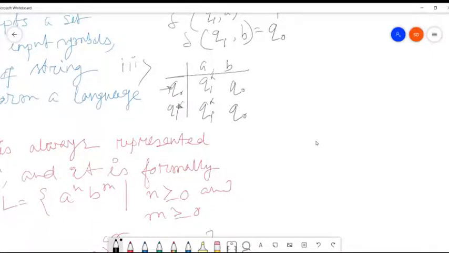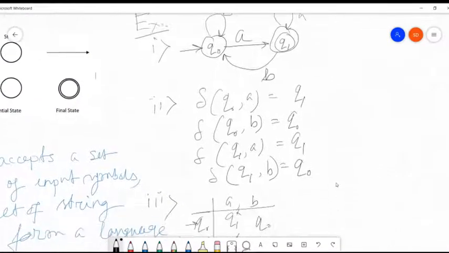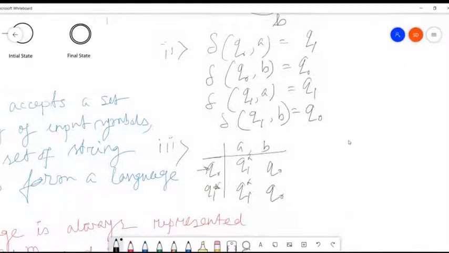So from Q0 taking A, it goes to Q1. Again from Q0 taking B, it goes to Q0, and from Q1 on input symbol A, it goes to Q1 itself, and B goes to Q2. So these are three ways we represent a finite acceptor: the transition function, the transition diagram, and the transition table.